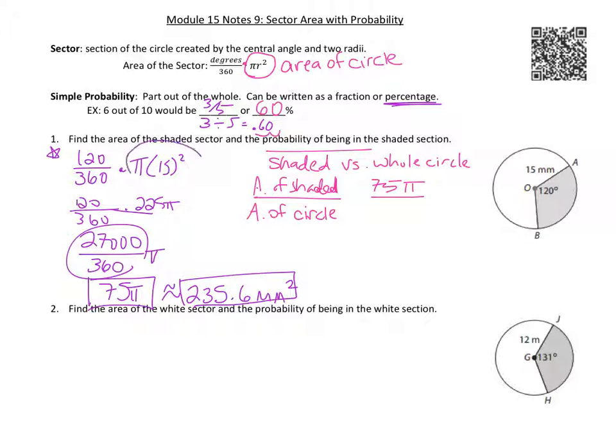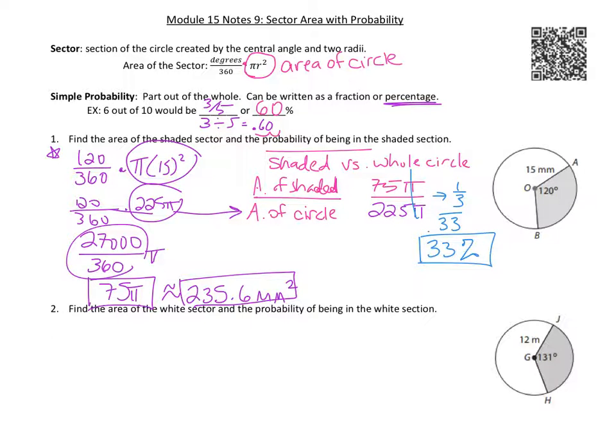So when we found it right here, that is the area of the circle that we're going to use, so 225 pi. Now when you simplify it, notice the pi's are the same, so cancel those out. Divide the remaining part, and we get 1/3, or it's 0.33 repeating, so this would be 33% is how we're going to write our answer.